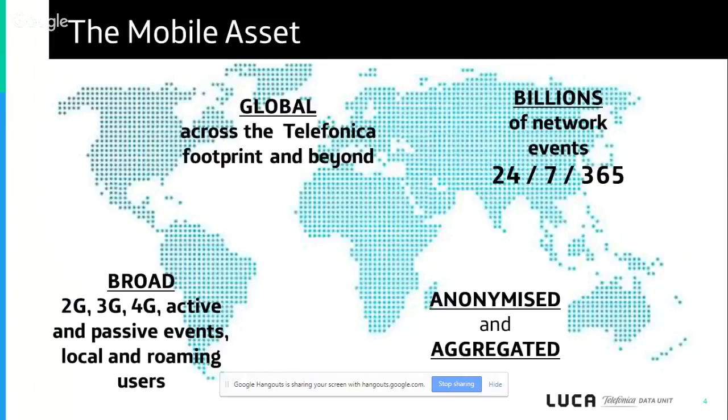Your phone every now and then needs to update itself and check in with the cell phone tower. Also, when it moves from one group of cell phone towers to another, it generates the I'm moving event. And all of these things for us as analysts generate a data point.